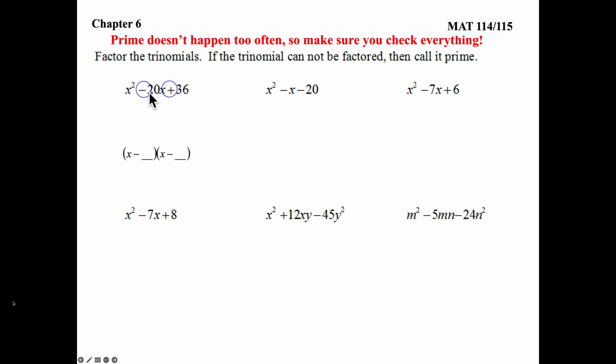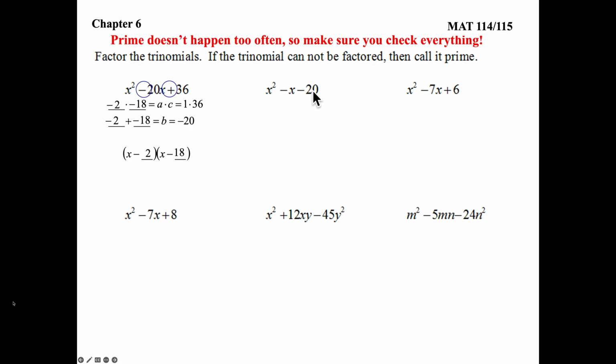Well, let's see, 9 and 4, but that only adds up to 13. 12 and 3, oh, that adds up to 15. Wait, do we have another possible prime? Nope. 18 and 2. 18 and 2 add up to be 20, and 18 times 2 is 36. They're both going to be minus. Again, order doesn't matter because they're both minus.